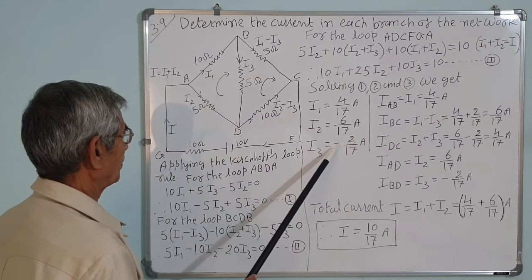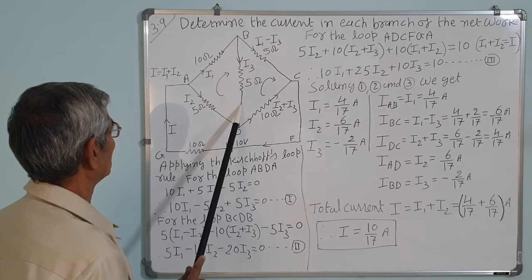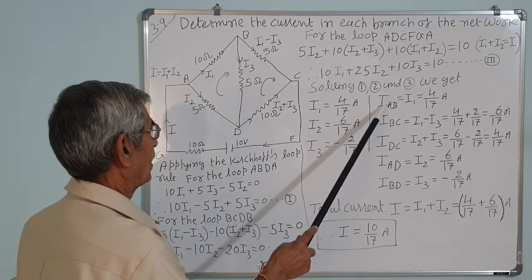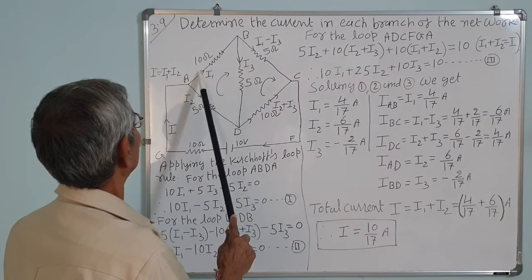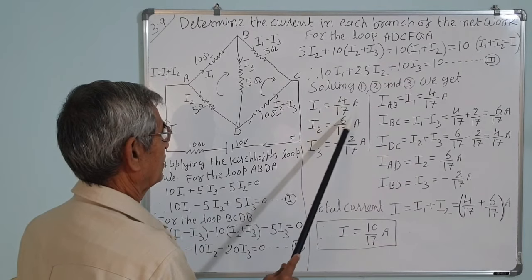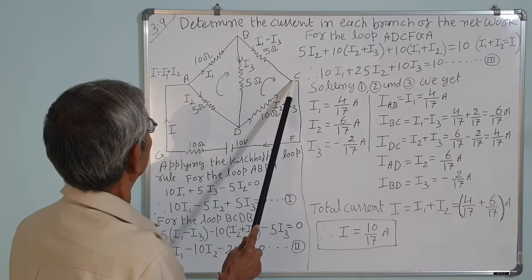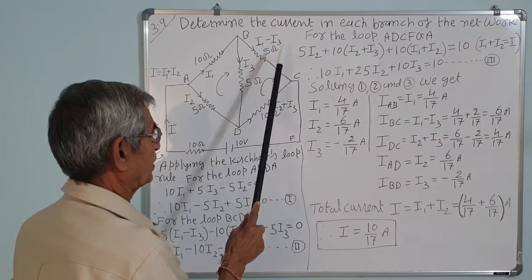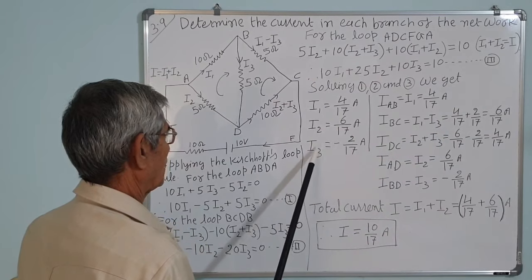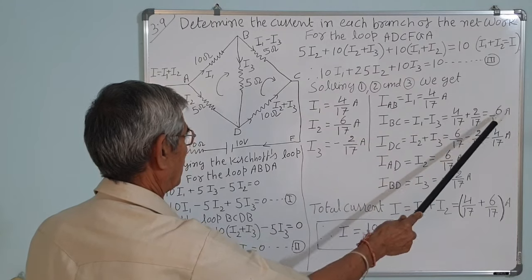The current I3 cannot be negative, but it comes out negative because we have taken the direction of the current like this; it will actually be the opposite, so it does not make any difference. So, IAB, the current through this branch, is equal to I1, that is 4 upon 17 ampere. IBC is I1 minus I3, that is 4 upon 17 plus 2 upon 17, which is 6 upon 17 ampere.